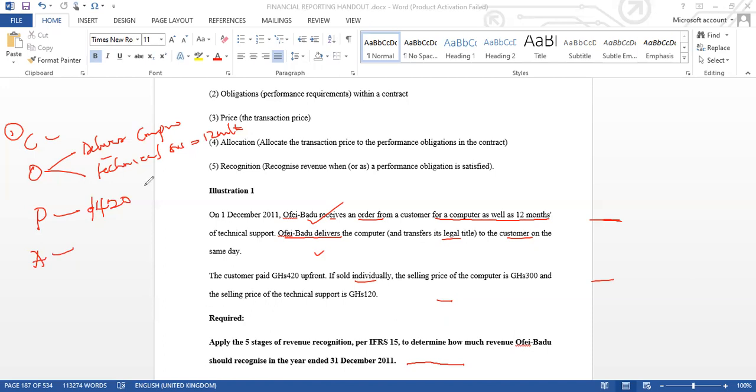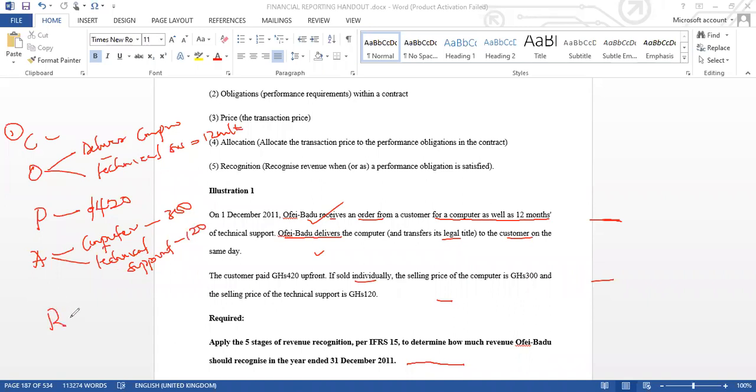Okay, so these are the obligations, right? The computer and the technical support. So the computer is how much? 300. And we have here 120.